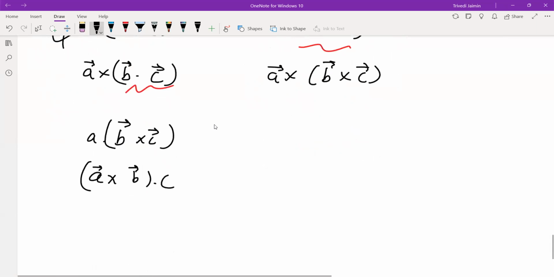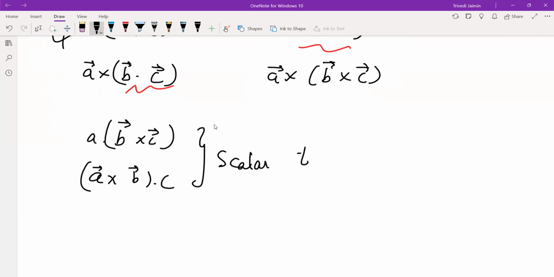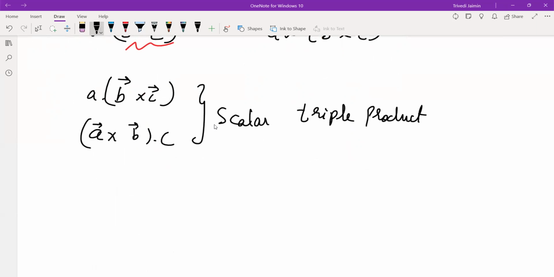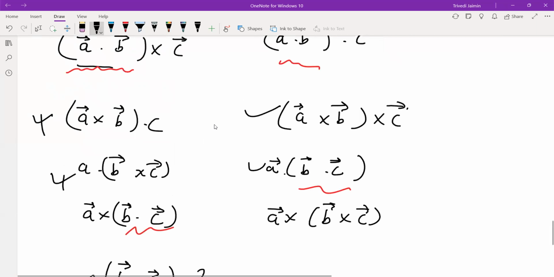What we wrote, these two, are scalar triple products, because if we use a dot product here, we get a scalar triple product. And what are the remaining two left?